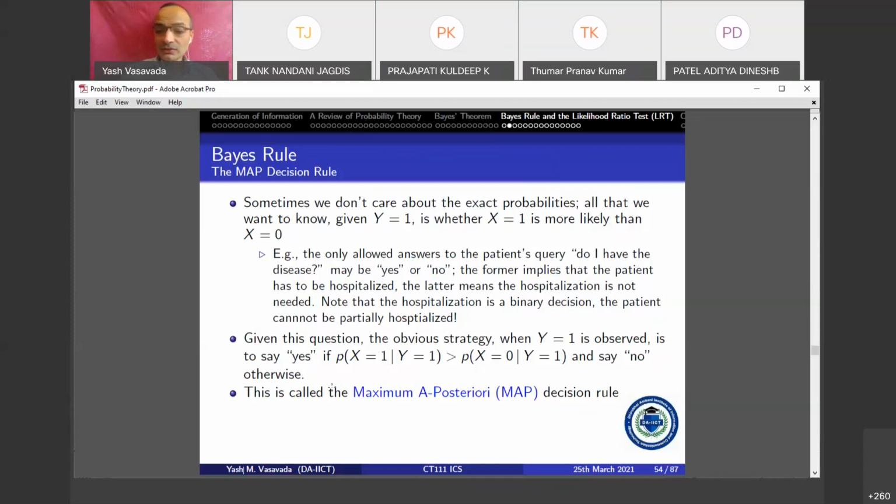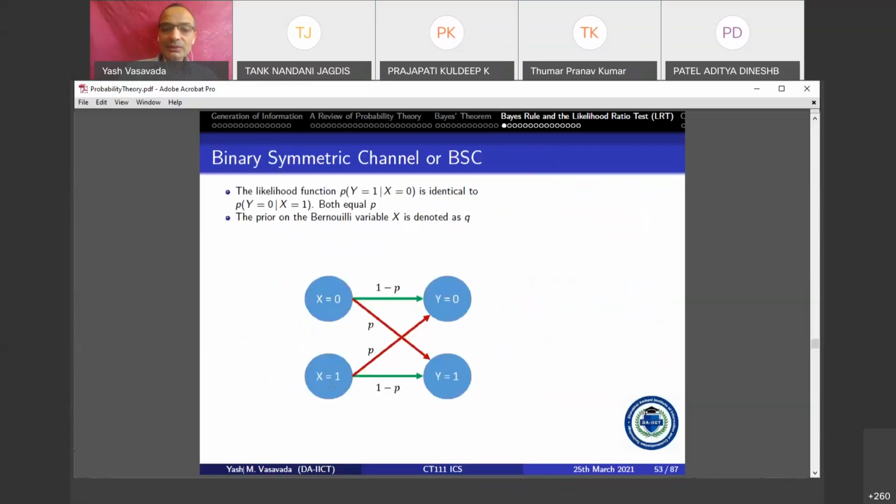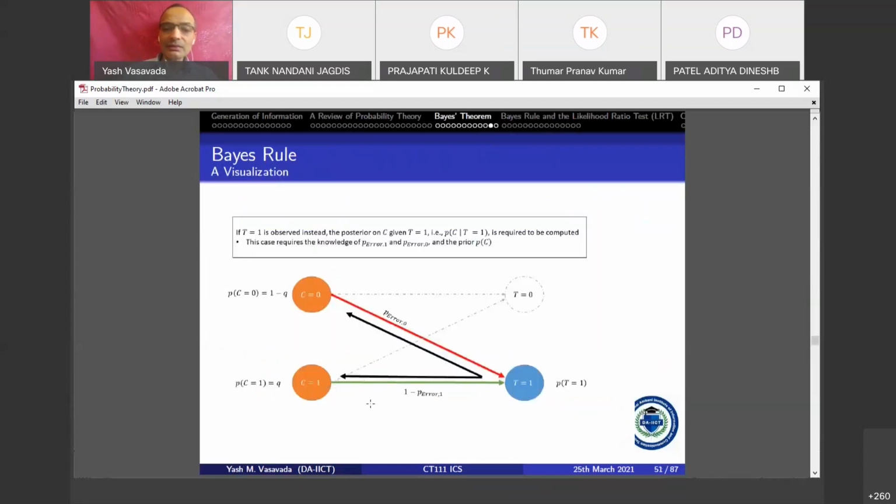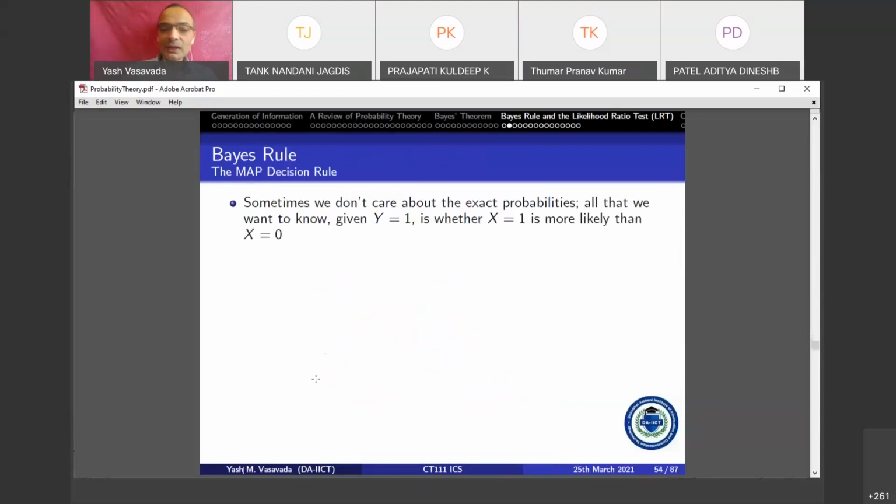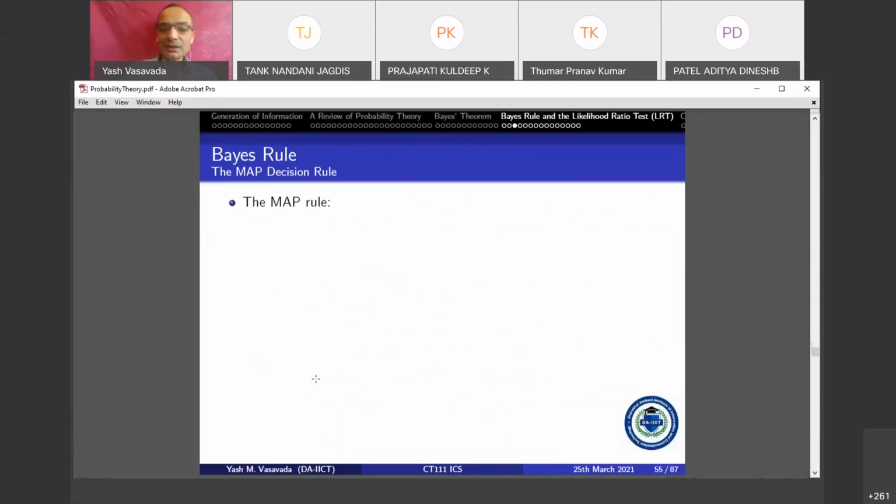And this is all there is to it. Essentially in the MAP rule, we have made some observation and we are trying to determine whether this is more likely or this is more likely. And the way we do that is by using the Bayes technique.